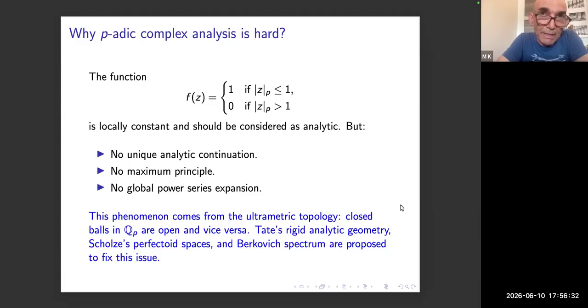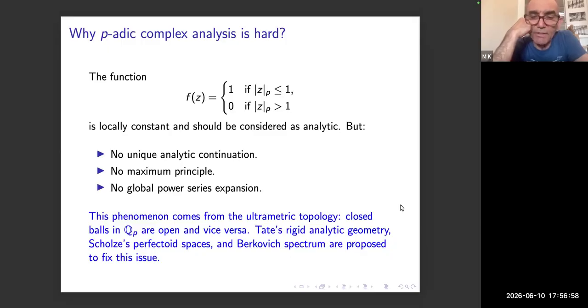He keeps the points, but he changes the open sets. So he's taking much fewer open sets, and then they don't form a usual topology, they form a Grothendieck topology. But he can define analogs of complex analytic spaces. This is called Tate's rigid analytic geometry. Then there is, of course, Scholze's perfectoid spaces.